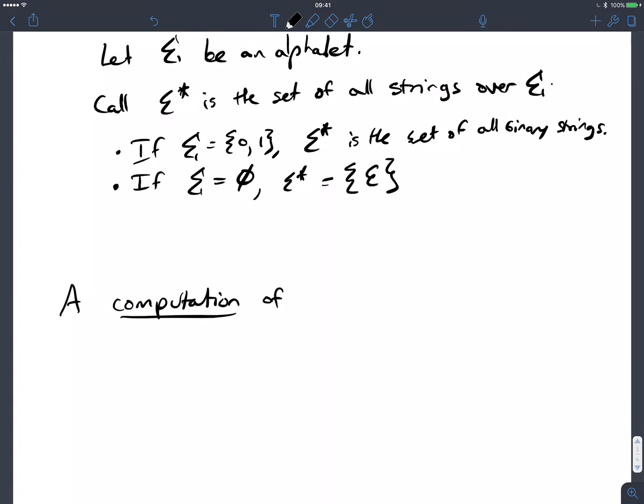Is sigma star always an infinite set? I just showed you one that isn't. But other than that example, where it's the empty set, is it an infinite set?